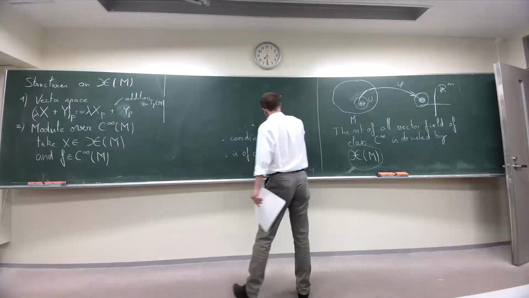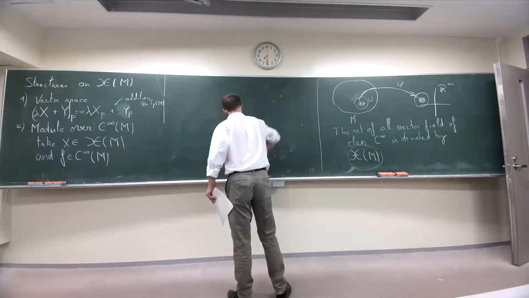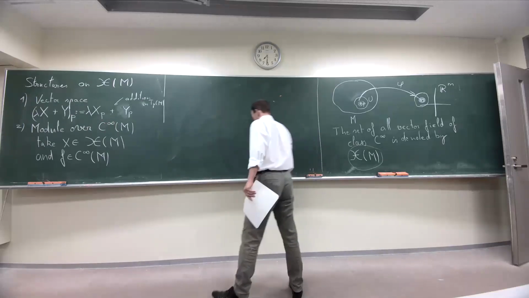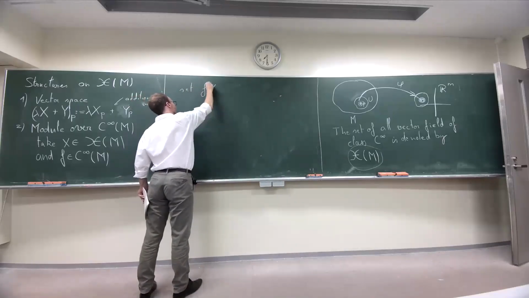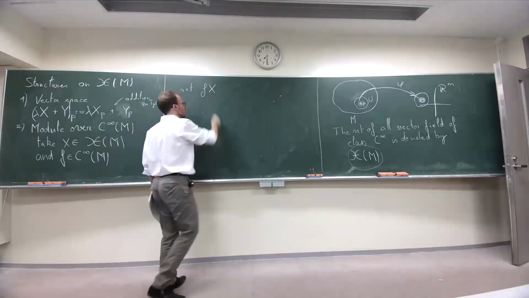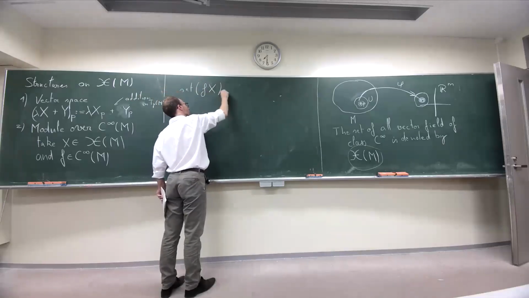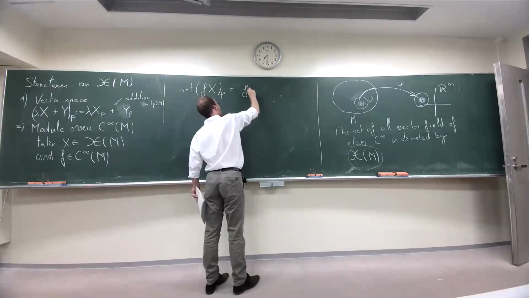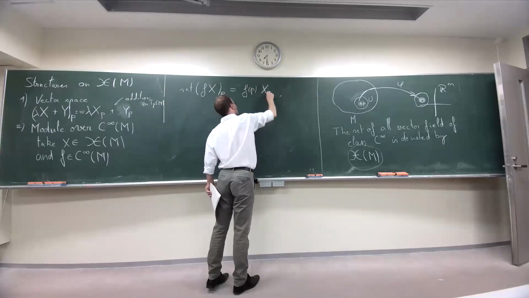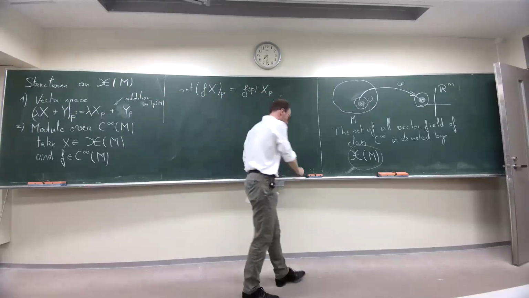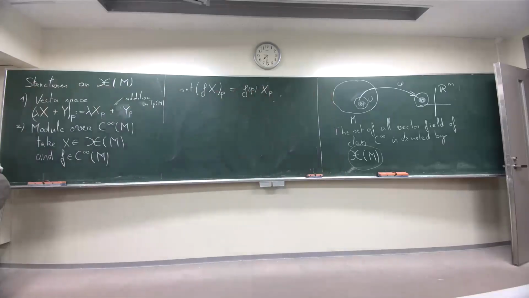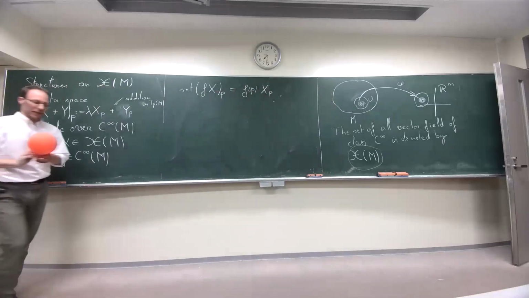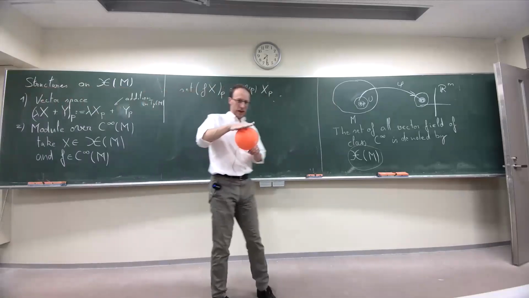You can set fX, so it's something new, evaluated at p is f of p X_p. So how you should understand this: you have a function X which associates to any point a vector.